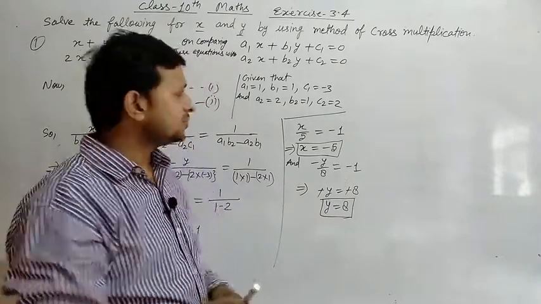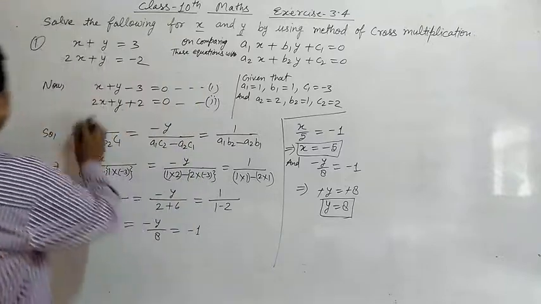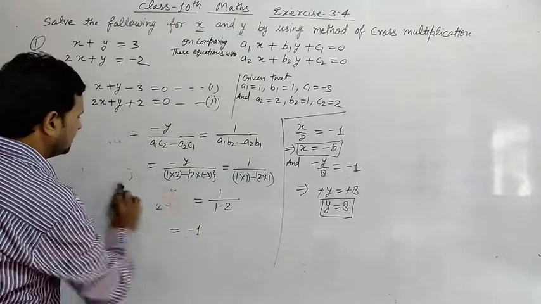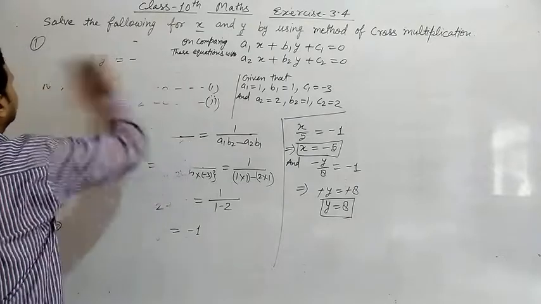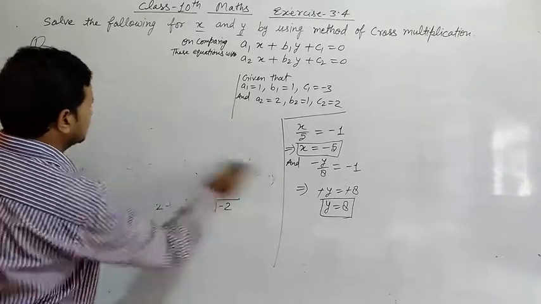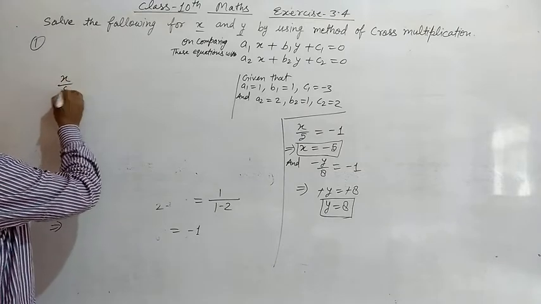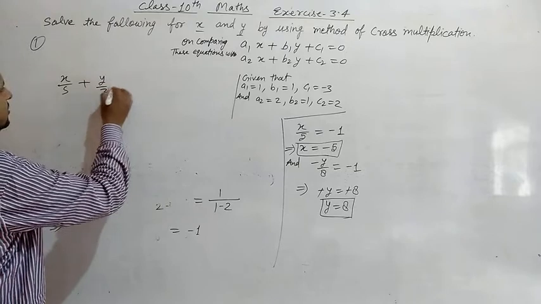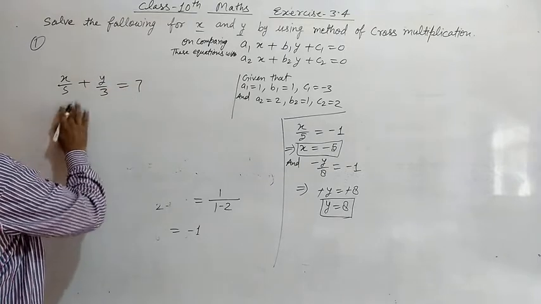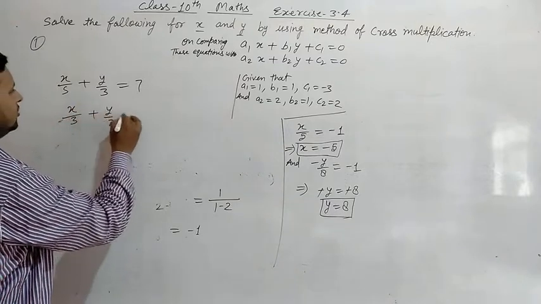Now I will discuss the next type of question, but you have to do it. I am only giving you a hint how you can solve it. See here. Suppose this question is given in this way: x upon 5 plus y upon 3 is equal to 7 and x upon 3 plus y upon 2 is equal to 9.